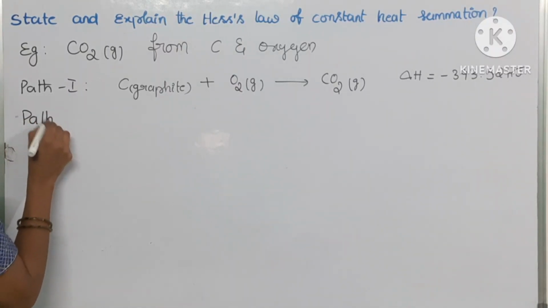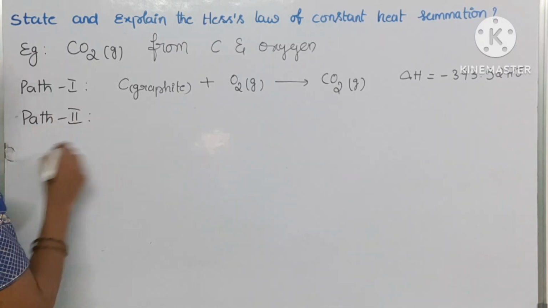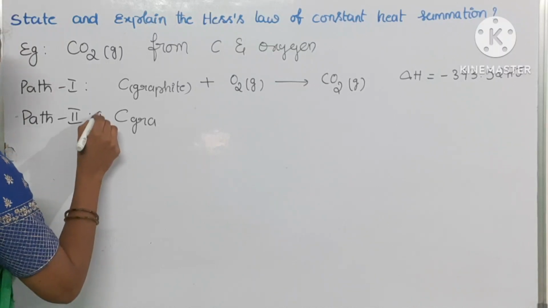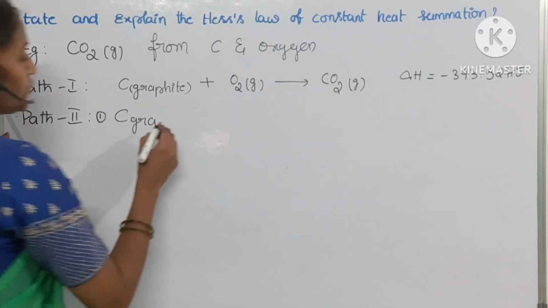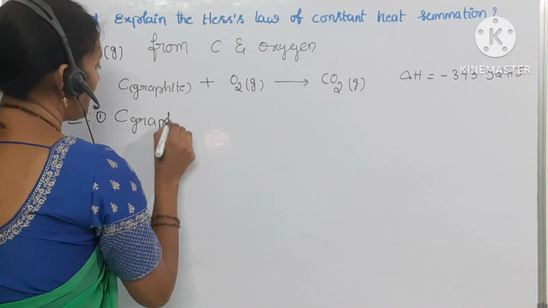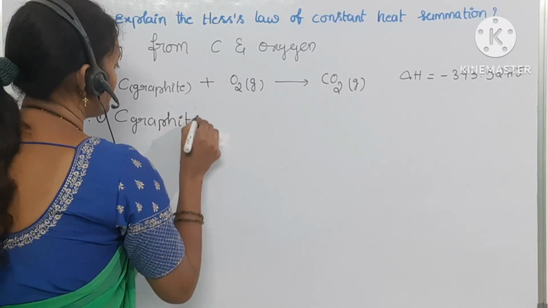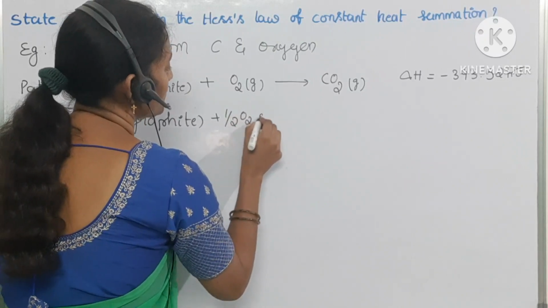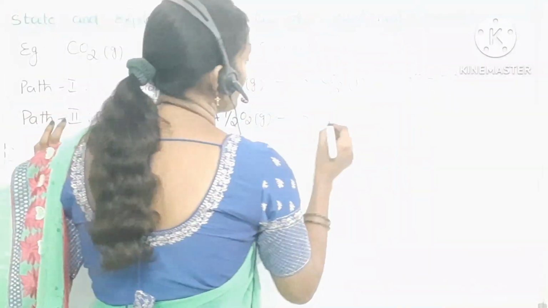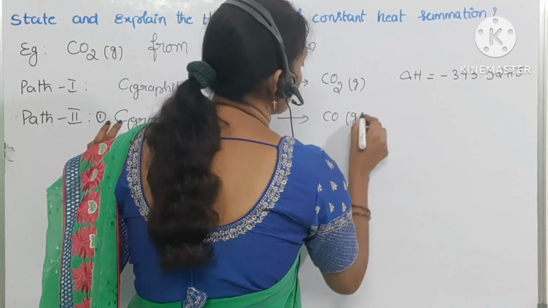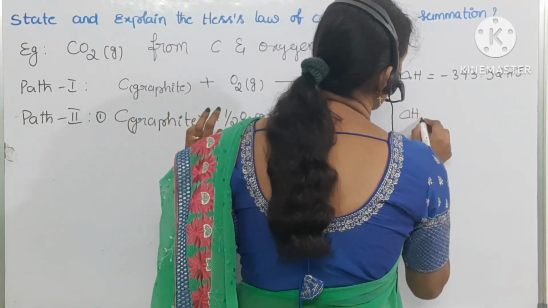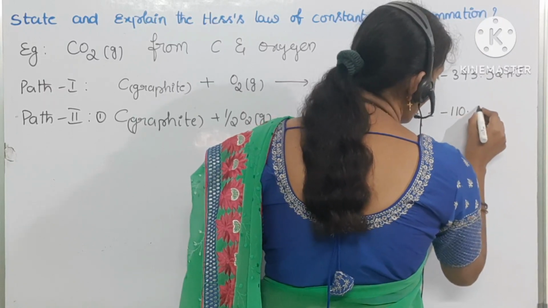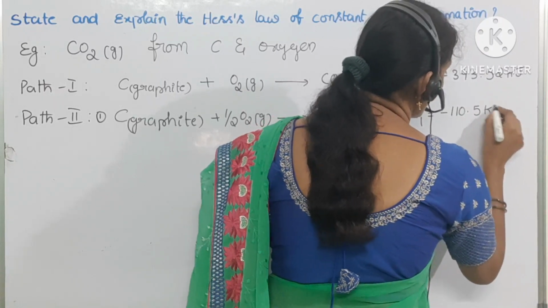Path 2: carbon in the form of graphite, in two steps. Step 1: graphite plus half mole of oxygen gas reacts to form carbon monoxide gas. Here the heat energy released is delta H1, that is minus 110.5 kilojoule.